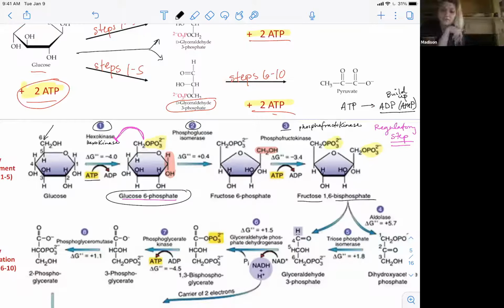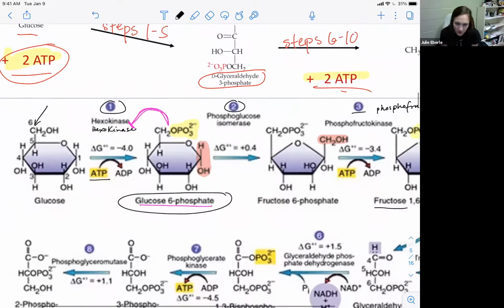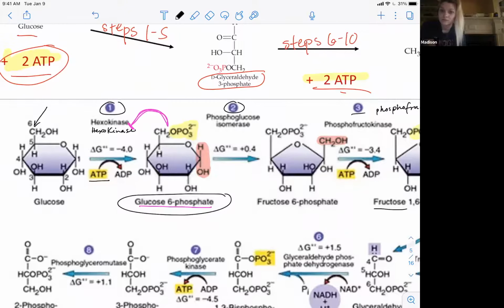Is the number for the free energy, is that how many ATPs being used? So the -4 and the positive 0.4, those numbers? Yes. I was actually going to talk about those, Madison. So you notice that the steps that involve ATP have a negative delta G overall, meaning these are coupled reactions, okay?